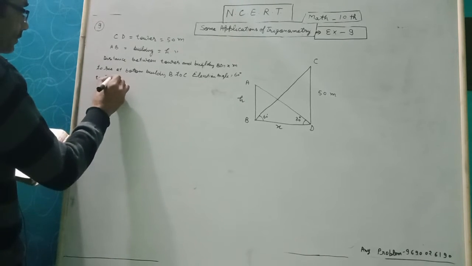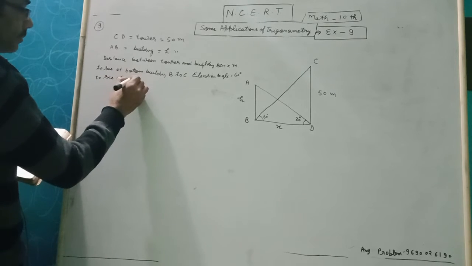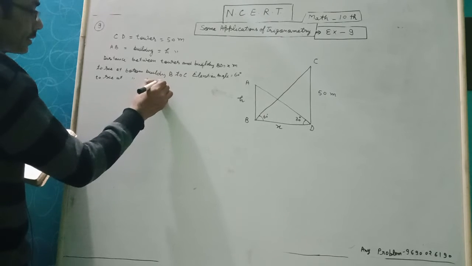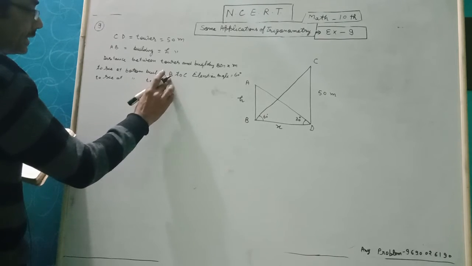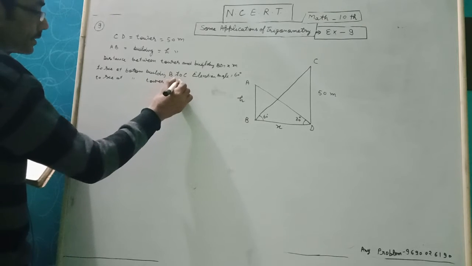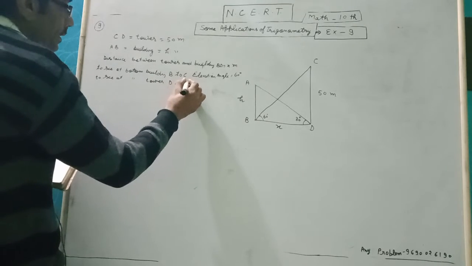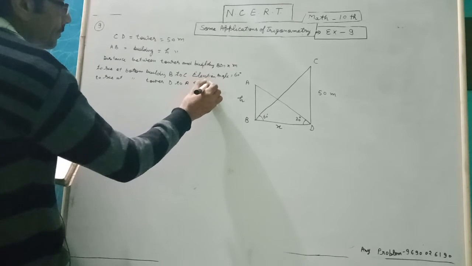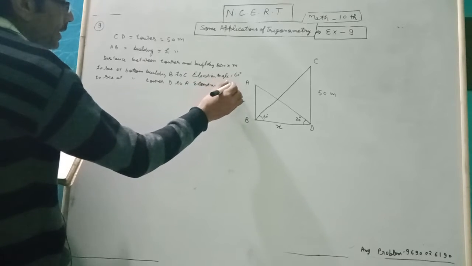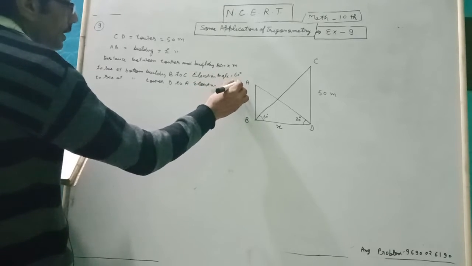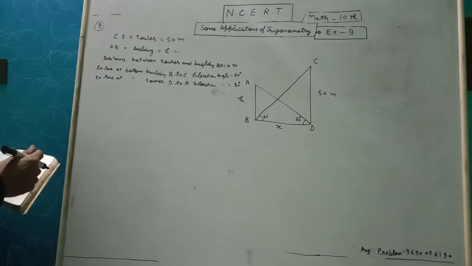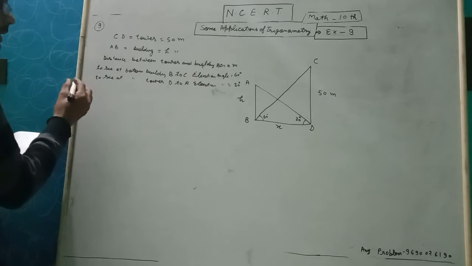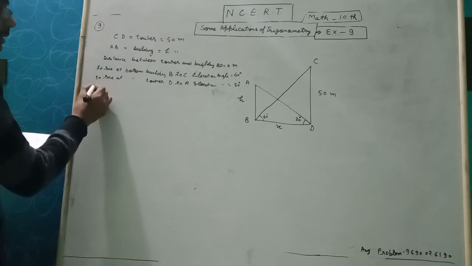To see the bottom of the tower, D to A, the elevation angle is equal to 30 degrees. We find the height AB or h of the building.